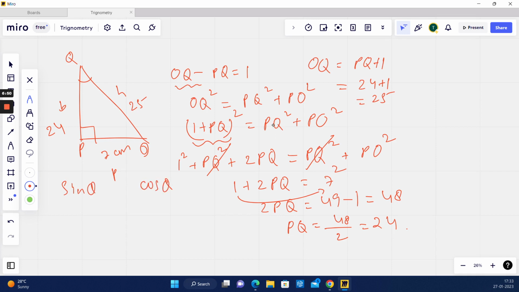What is sine Q? Pandit Badri Prasad Har Har Bole, correct? Perpendicular by hypotenuse. What is perpendicular here? 7. And what is hypotenuse here? 25. Correct? That's the value of sine Q. Cos Q is base by hypotenuse. What is the value of base here? It's 24. What is the value of hypotenuse? 25. So this is your answer.